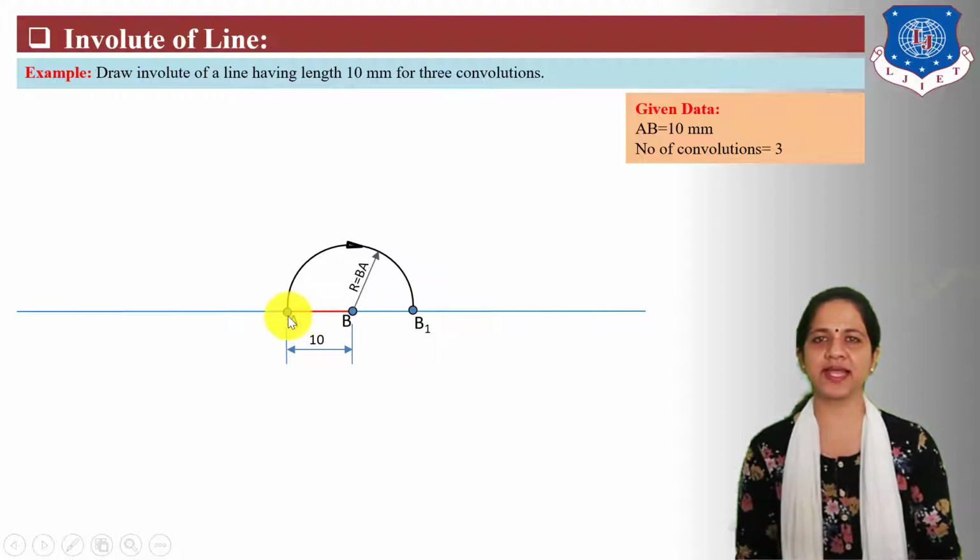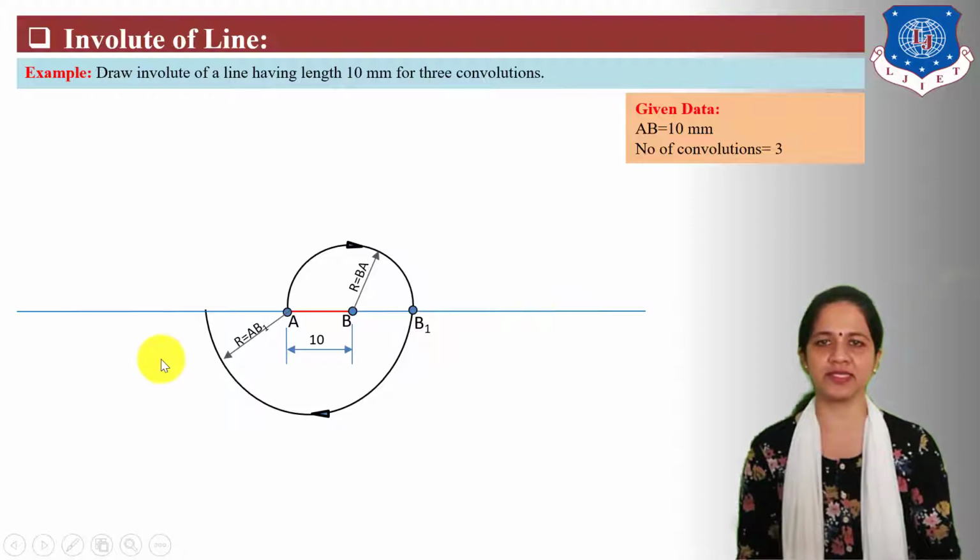Next, take center A, radius AB1 and draw an arc up to this horizontal reference and mark here A1 point. So, this is the involute for one convolution.